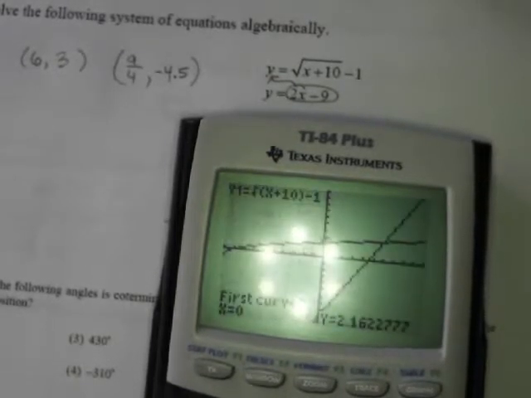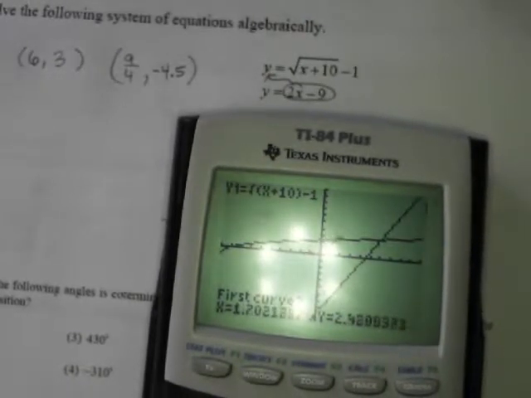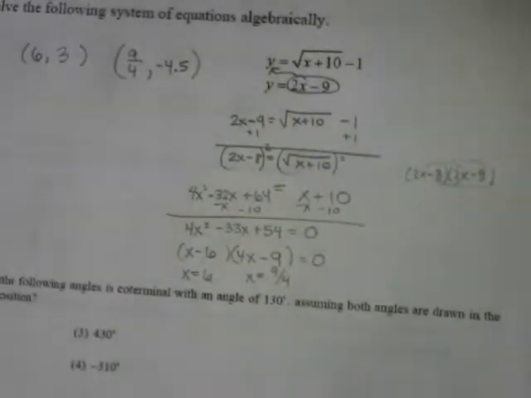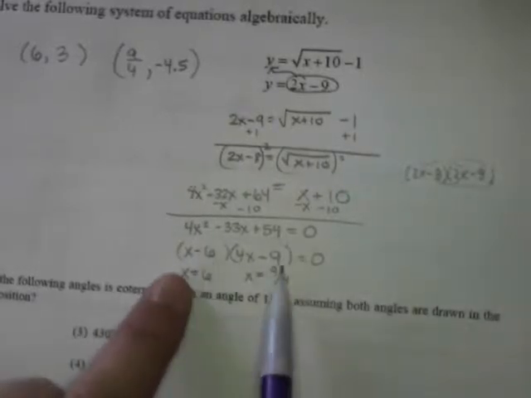What did we do wrong, kids? 6, 3. Why did we not? Oh, I think I know. You could. 2x and 2x would be an option, but we definitely, did we not factor?